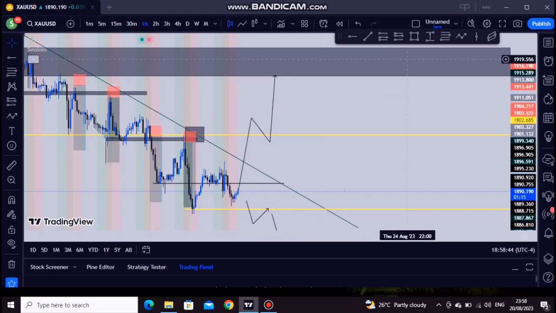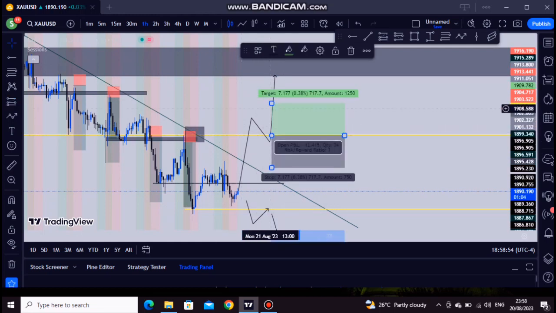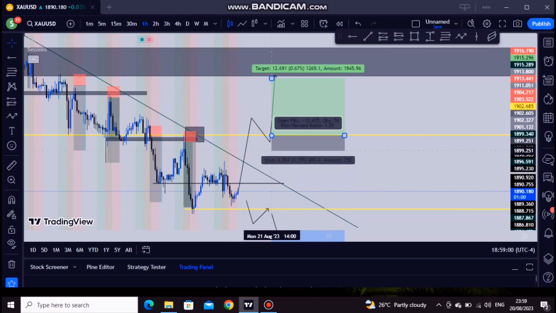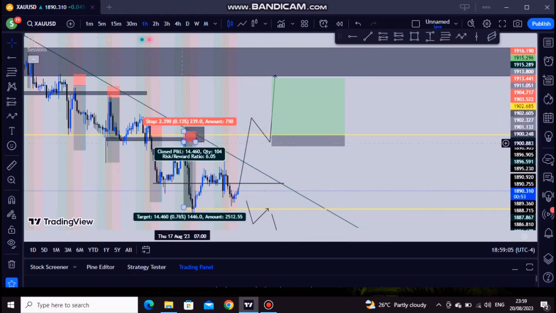But for now, we are bearish. You wait for price to break this area, retest, then you sell from that area. So I hope I am clear with this, guys. I think so. This is how it's going to be, right? Only if it breaks and retests, then you sell to the downside.